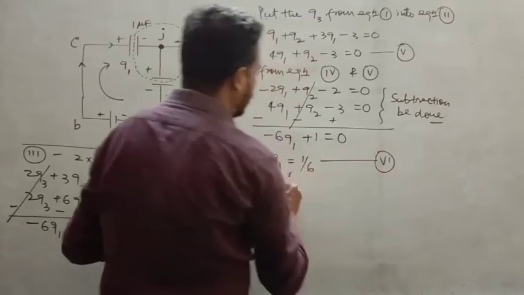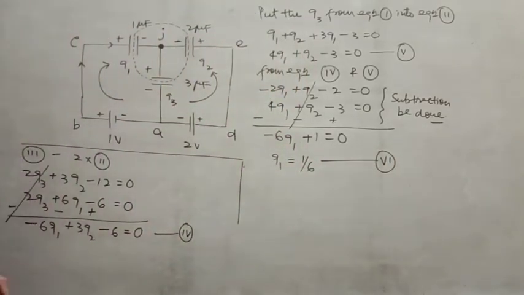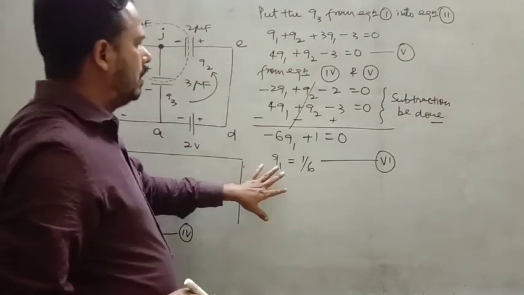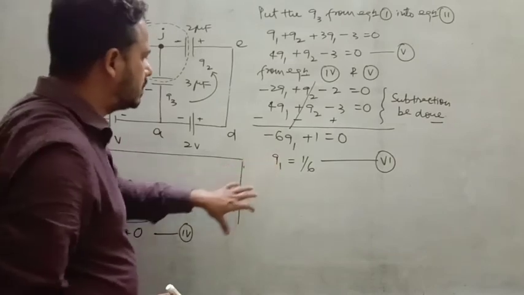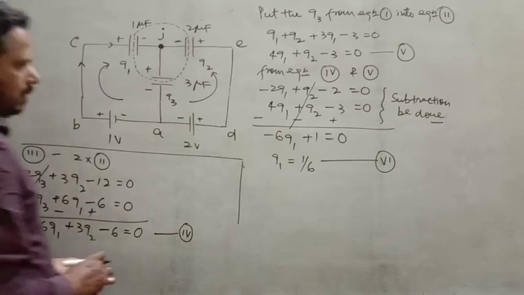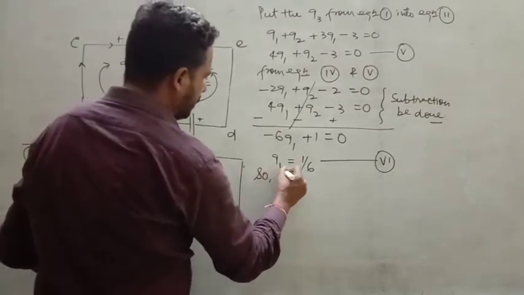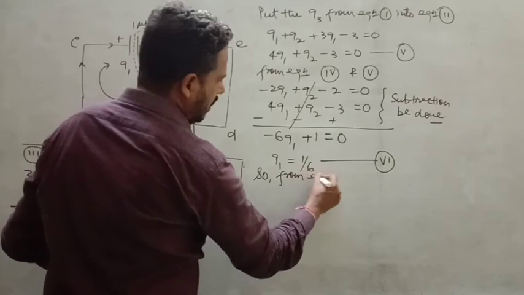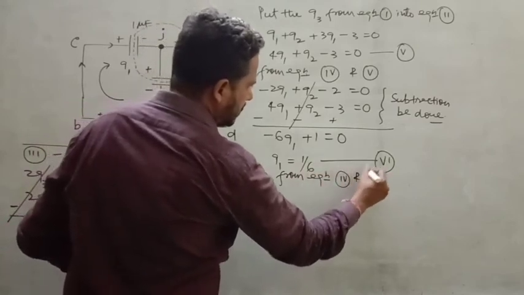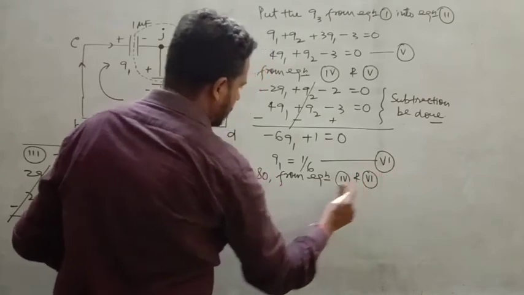So you got q1. Now put the value of q1 in any of the equations; you can put it in equation 4. So I just want to put the value of q1 in equation 4. So from equations 4 and 6, just put the value.